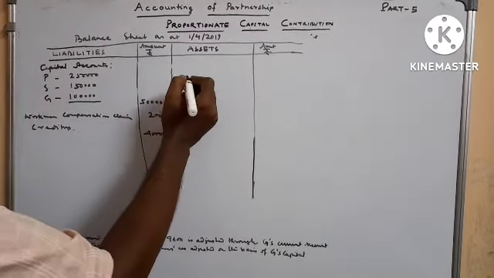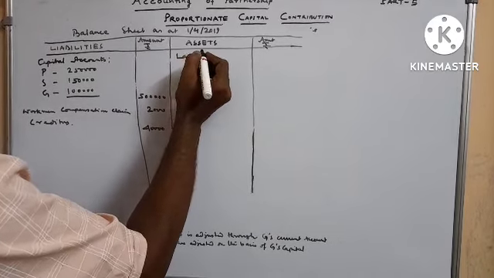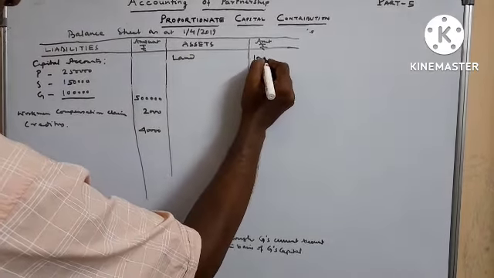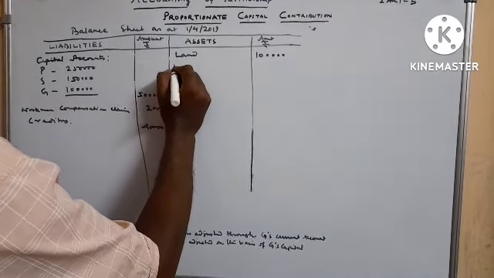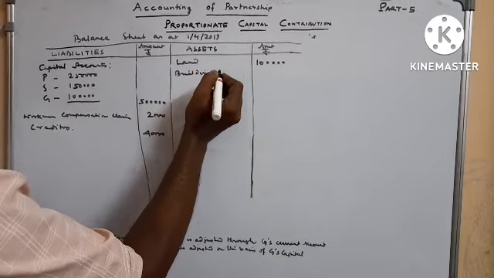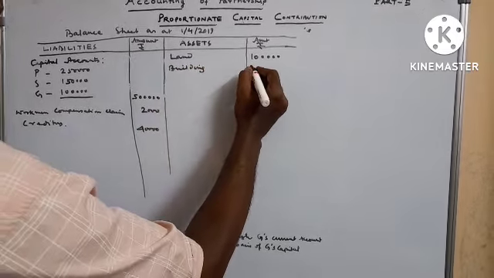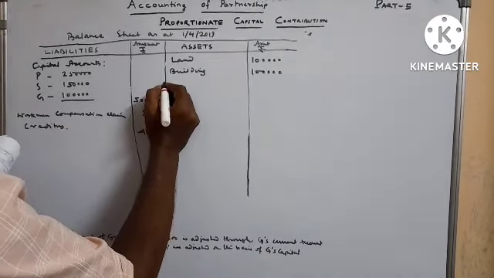Now asset side. Asset side first will be land. How much? 1 lakh. Next one, building. How much? 1 lakh. Next one, debtors.